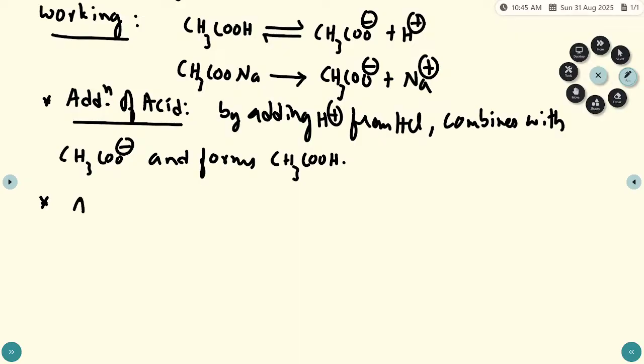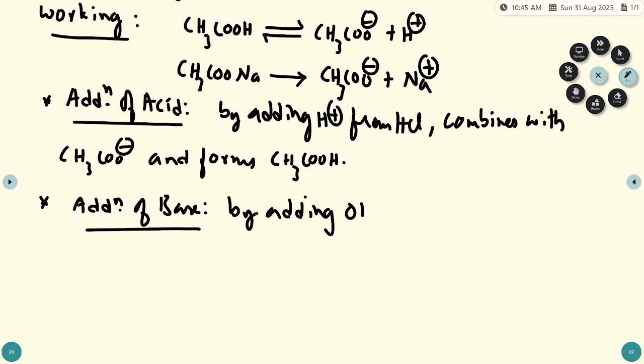So by adding base, what happens? Let us see. Addition of base. What does adding base mean? By adding a strong base, what is that? NaOH.